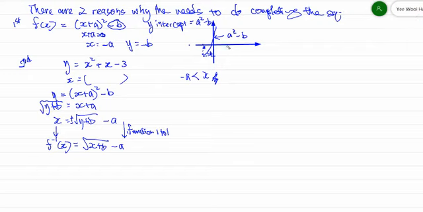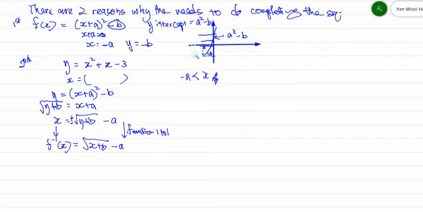Now let's carry out the test. If you have stated this in the question itself, so if you draw any horizontal line, there's only one intersecting point. It meets the requirement for a one-to-one function.